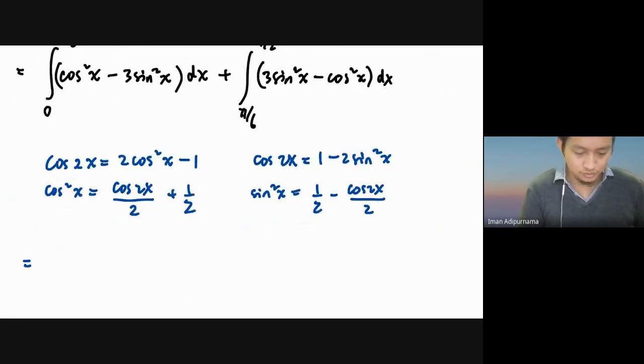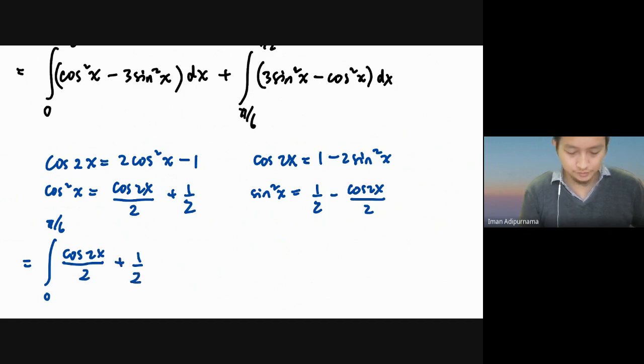So the first one, we can take the cos 2x over 2 plus half minus 3 over 2 minus, it becomes plus, right?